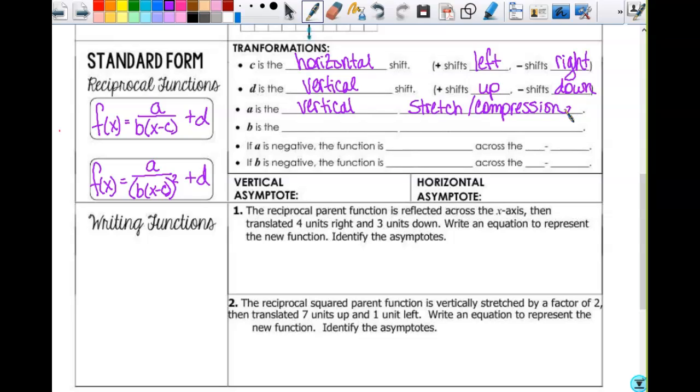So b, it's down there with x. And so it is the horizontal stretch or compression. And then anytime you have a negative, what does the negative do? It reflects, exactly. So I know where it says A is negative, B is negative, so we can say that it reflects, and then we'll figure out where it goes.